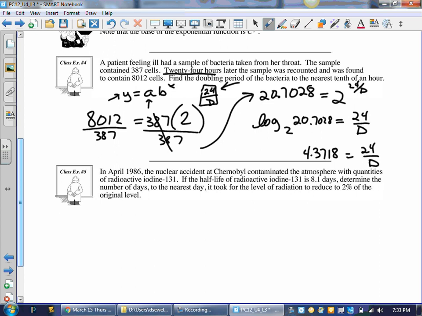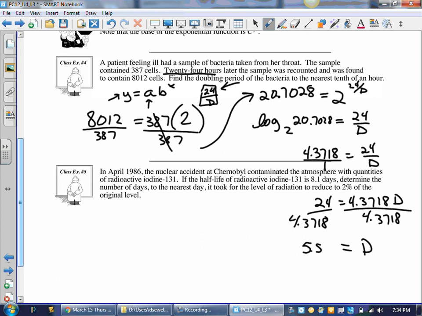And now you just need to cross multiply and divide, or however you want to do that. So I'm going to go 24 is equal to 4.3718 times d. So now I divide by that. And I get 5.5.